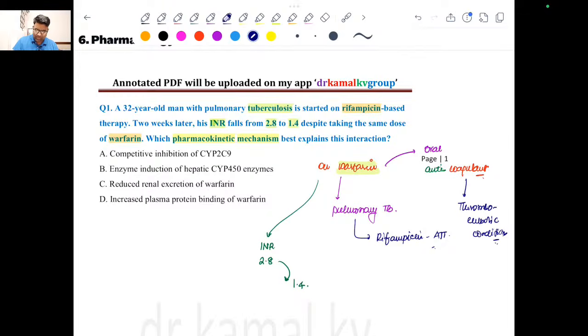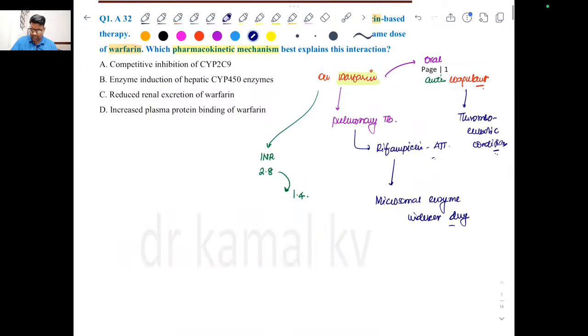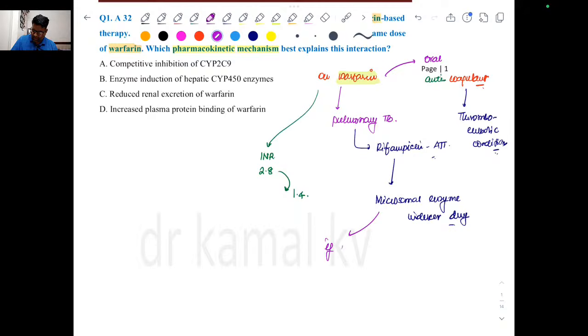So what happens? Rifampicin is a microsomal enzyme inducer drug. What does this mean? This means that if any other drug is simultaneously taken, the metabolism of that drug will be increased.